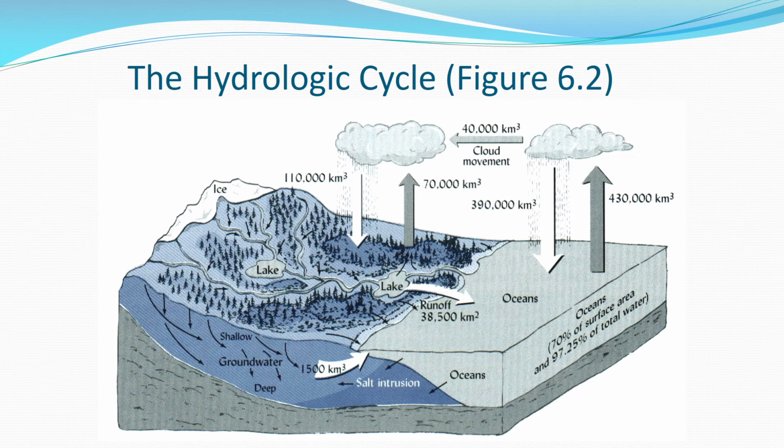In some cases, water goes into the ground and becomes groundwater, which can also flow towards the ocean, but we also see salt intrusion on some of those marine coast areas. We also have a significant amount of water locked up in ice that melts during certain times of the year to be put back down in the cycle.